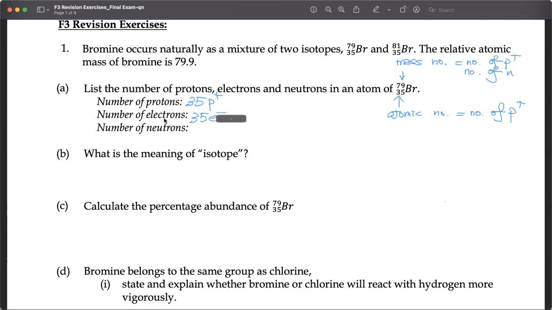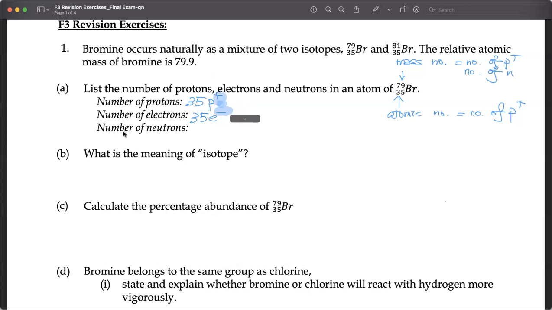Don't forget, the positive charge and the negative charge of an atom are the same.